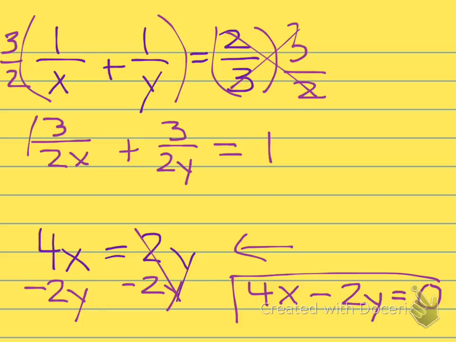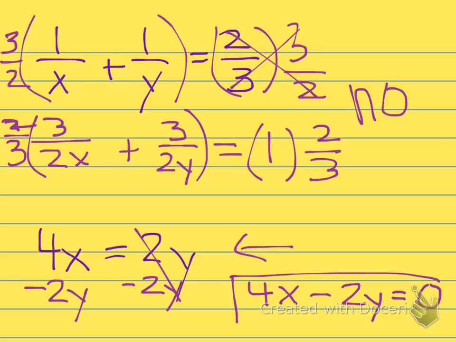Now if I'm going to try and cancel out these fractions by multiplying by 2 over 3, the reciprocal of 3 over 2 on both sides, what I'm going to notice is that I turn my fraction that I changed to a whole number back into a fraction. So there's no way to simplify this without having fractions. So this would also be not a linear equation.